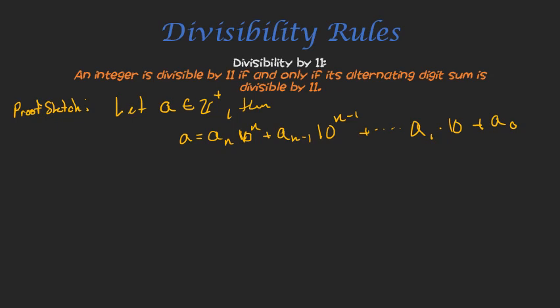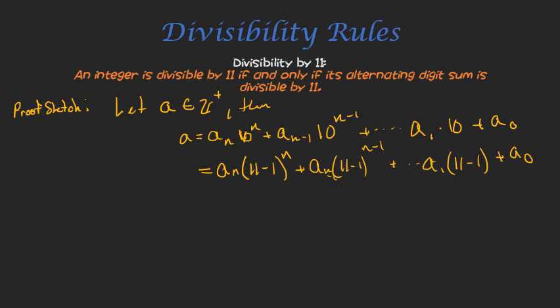And so what I'm going to do with this is write each 10 as 11 minus 1. a_n times (11 minus 1) to the n, plus a_(n-1) times (11 minus 1) to the n minus 1, and so on, down to a_1 times (11 minus 1), plus a_0.